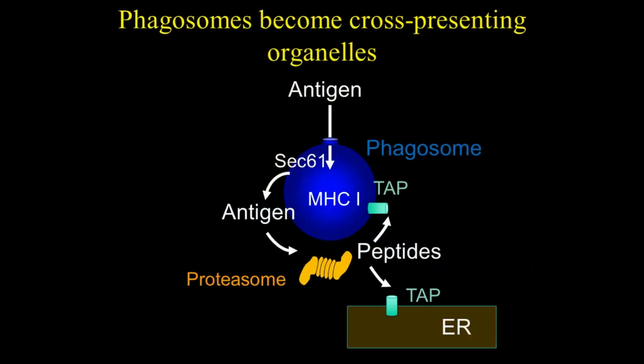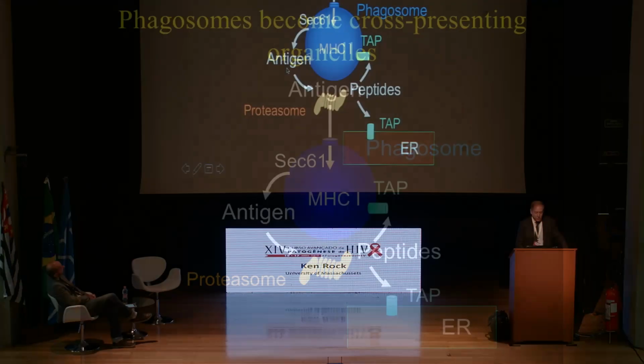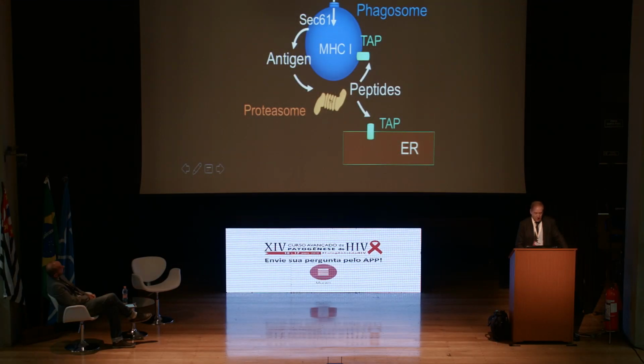And what this endows the phagosome with is machinery that will allow it to transport some of the antigen to the cytosol so this can get degraded by the proteasome into peptides. And these peptides can then go via TAP into the endoplasmic reticulum to the Class 1 molecule.